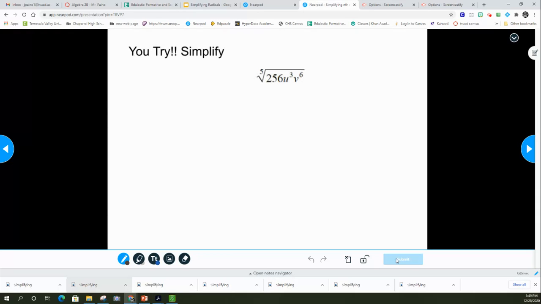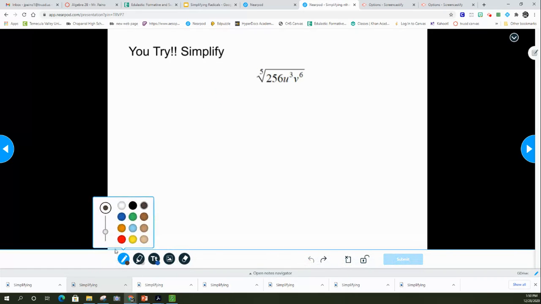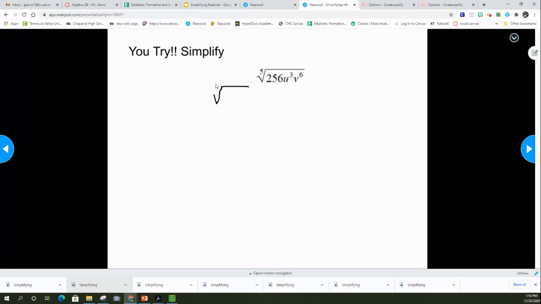Okay, last example here. Okay, so 5th root of 256, u cubed v to the 6th. Okay, so if I separate this, I get the 5th root of 256.